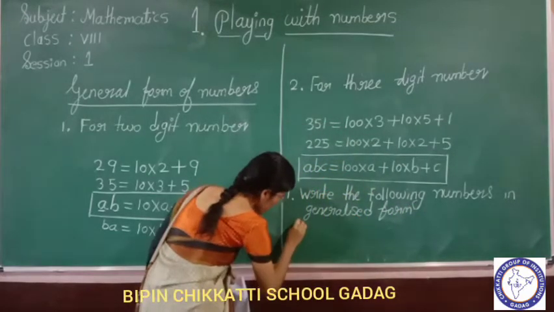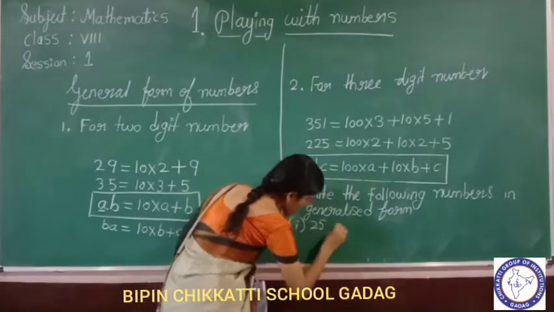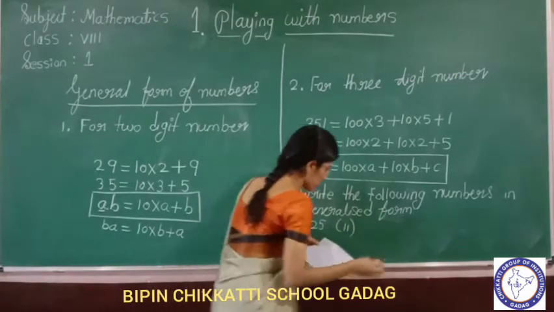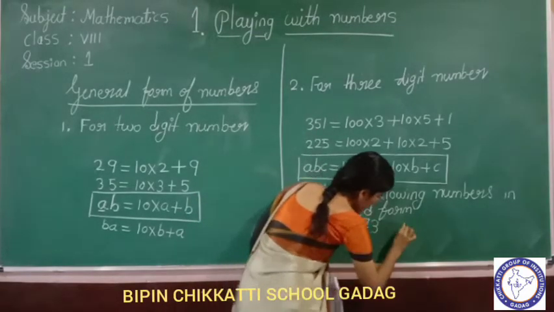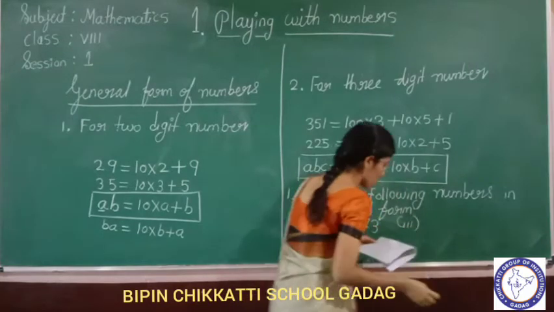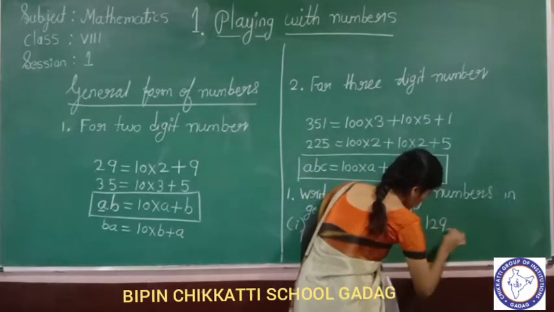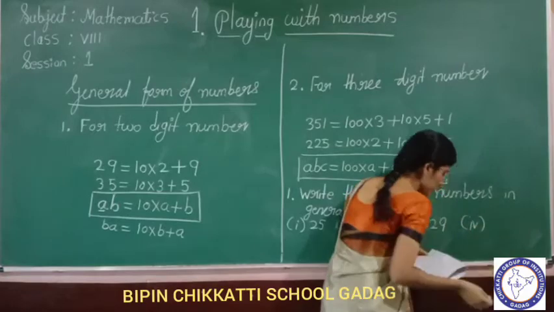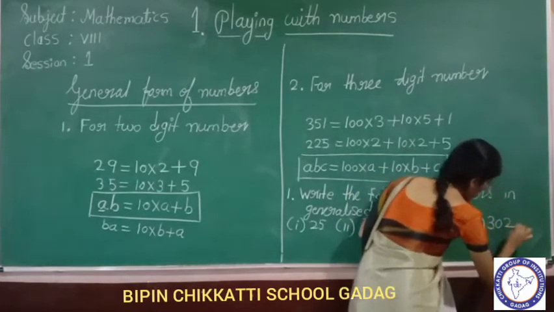The first one they have given 25, second question 73, third question 129, and fourth question they have given 302.